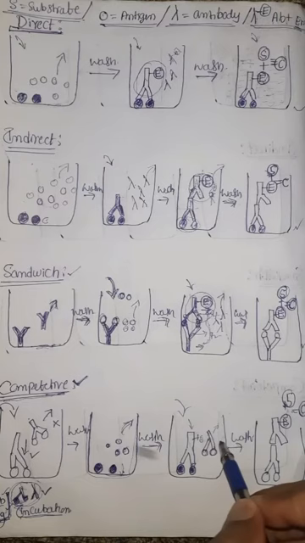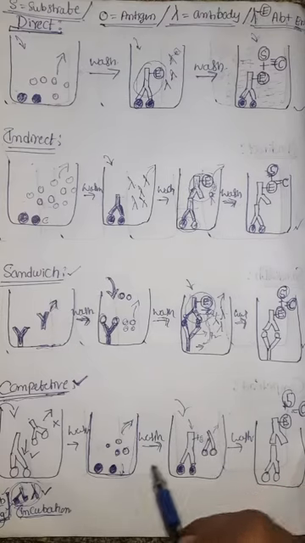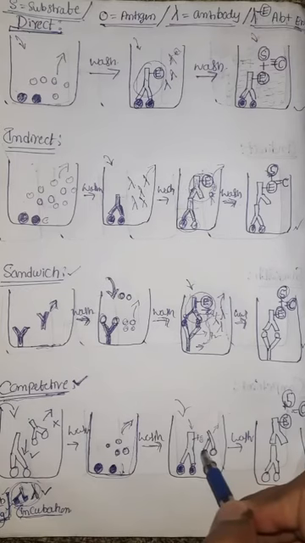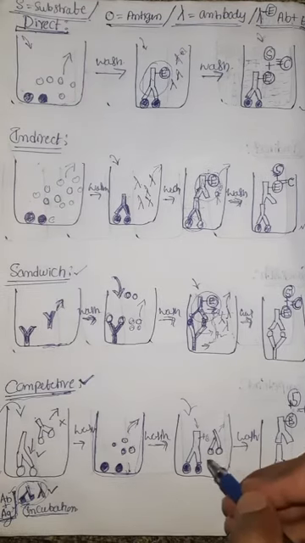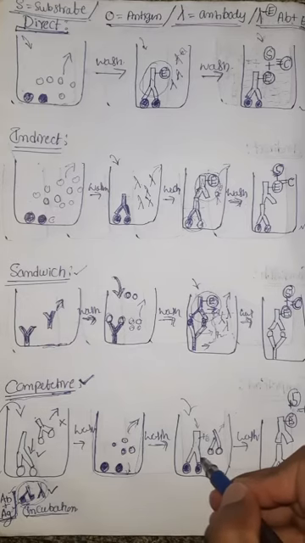That's why here there will be no conjugation again, so they are freely floating in this well. Only those antibodies that are free will go and attach with these absorbed antigens, so that the complex will be formed between free antibodies and the absorbed antigens.